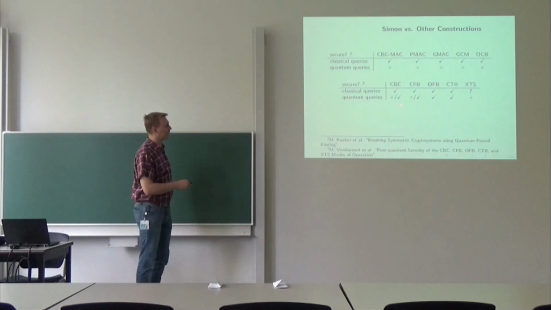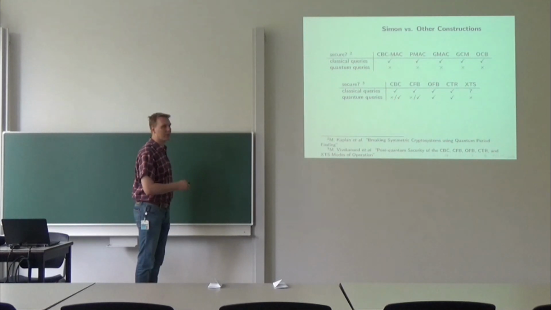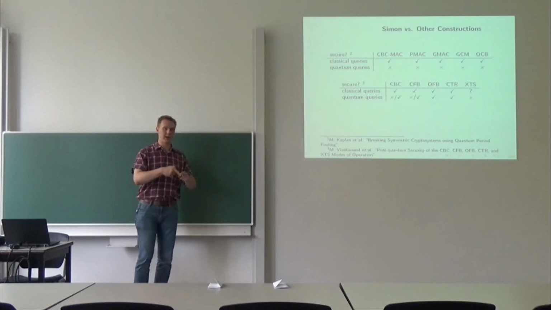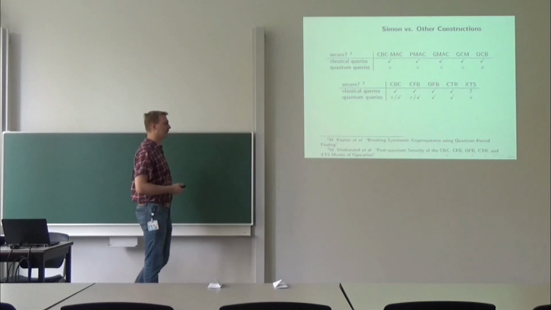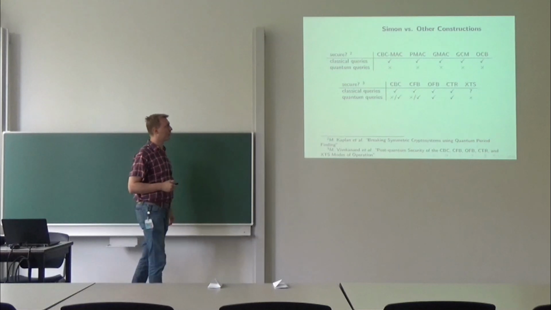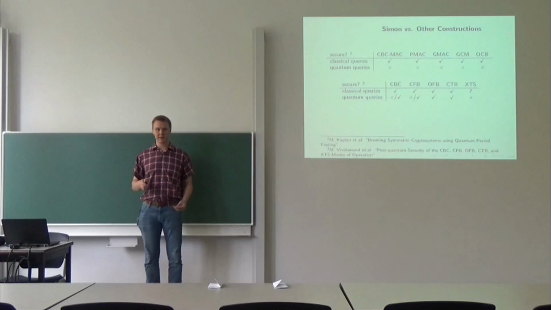So in this second result, this cross or check mark depends on what kind of permutation or pseudorandom function you instantiate the mode of operation with. So that's really rather disconcerting, right?